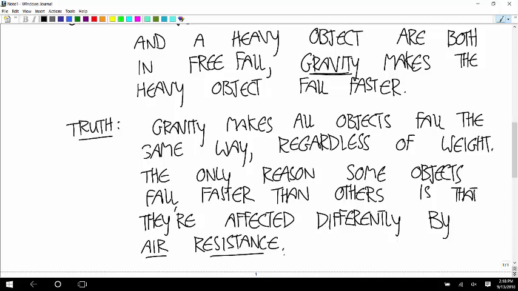So it isn't gravity that makes a bowling ball fall faster than a feather. It's just that if you drop a feather, its fall is affected more by air resistance than the bowling ball is. And I'll talk about what are the factors that go into air resistance.